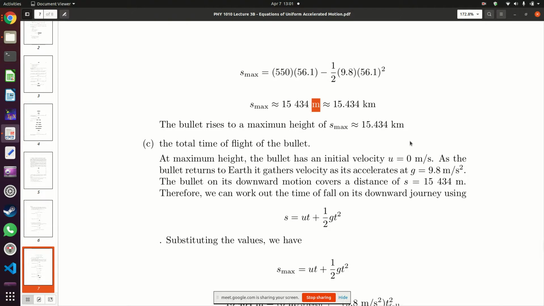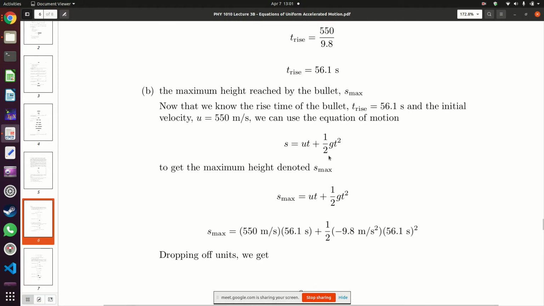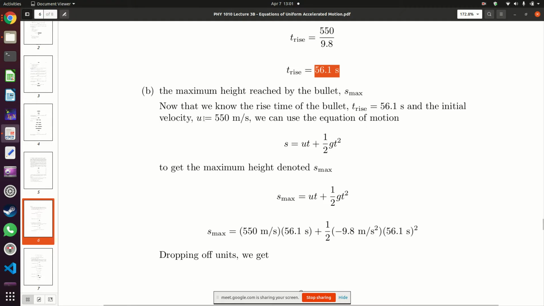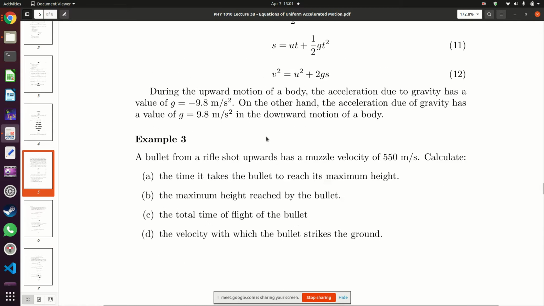Of course, there's another way we could do this. Since we now know how much time it takes the bullet to rise, with that time, 56.1, we know the initial velocity is 550 meters per second. We know the final velocity of the bullet is 0 meters per second. We can use this.